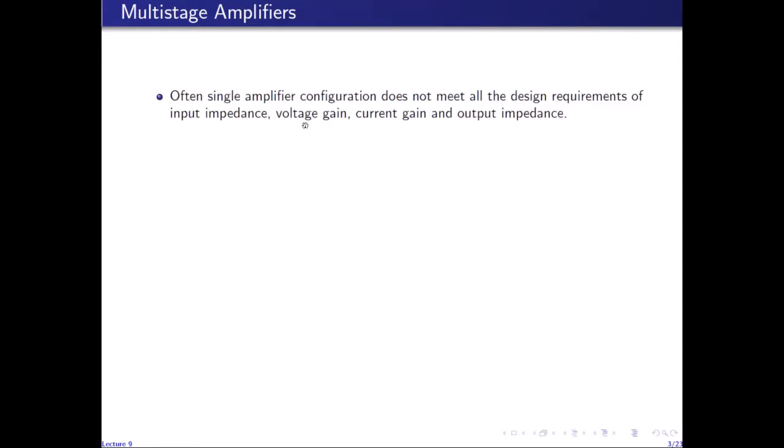Similarly, for the common base amplifier, the input impedance is very small and the output impedance is moderately large, both of which are undesirable attributes. Whereas for the common collector amplifier, although we have moderately large input impedance, it does not have any voltage gain. Voltage gain is almost unity.